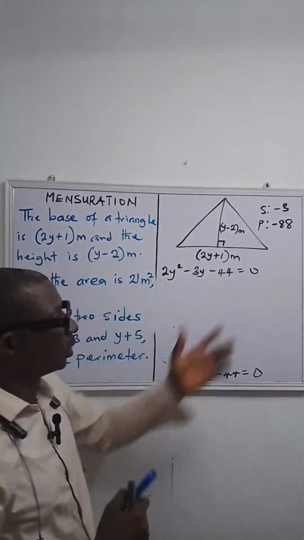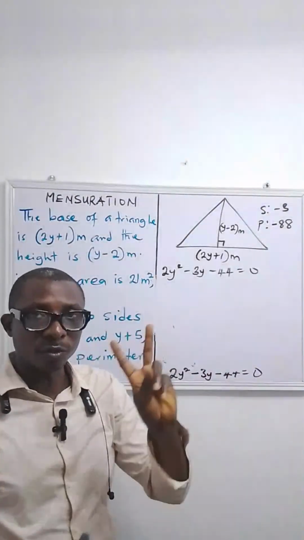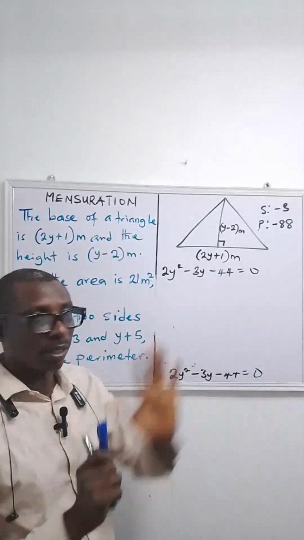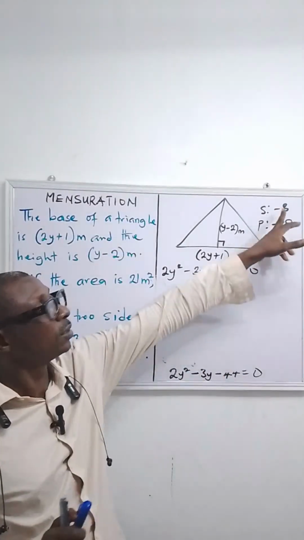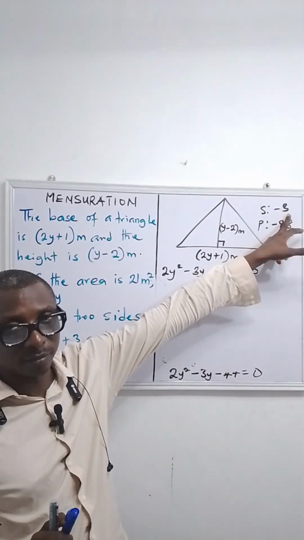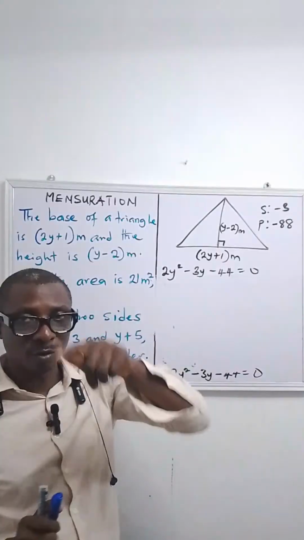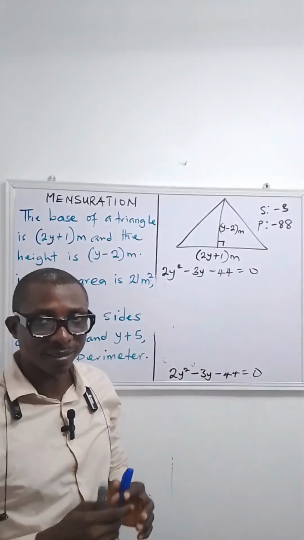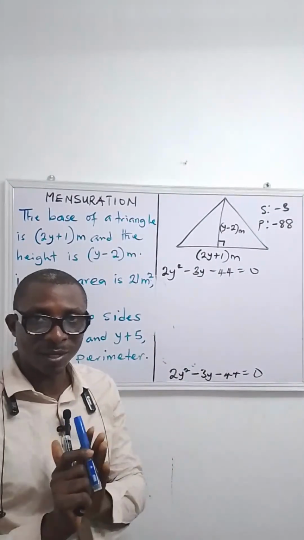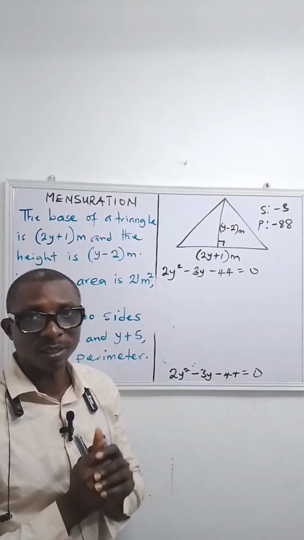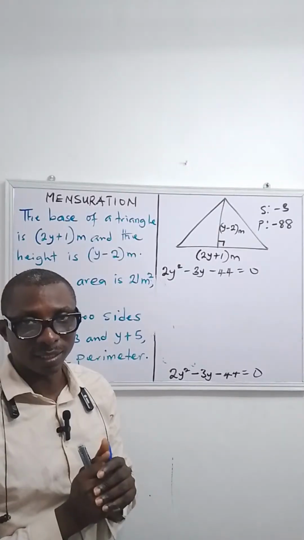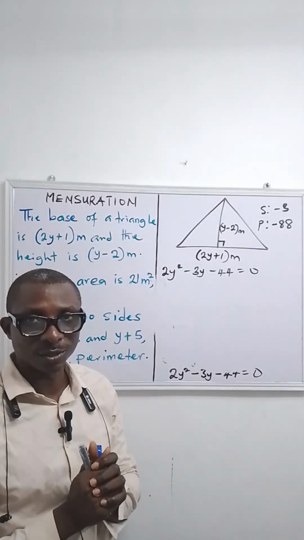So what are you going to do with this? You look for two numbers such that when you multiply them together, you have negative 88, and when you add the two numbers together, you have negative 3. I want you to drop in the comment section what you have for that.